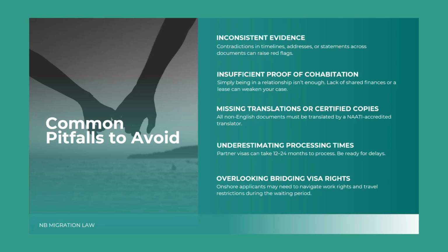Because the department needs to have documentation that states your name, the actual address, and at least the date. Those three things are really important to show that you, as the applicant, have been living at that specified address. And the third one, the date when you actually started living together.